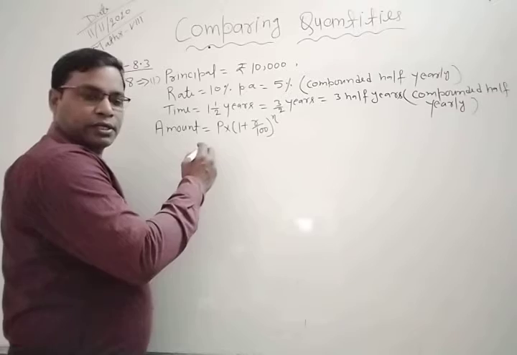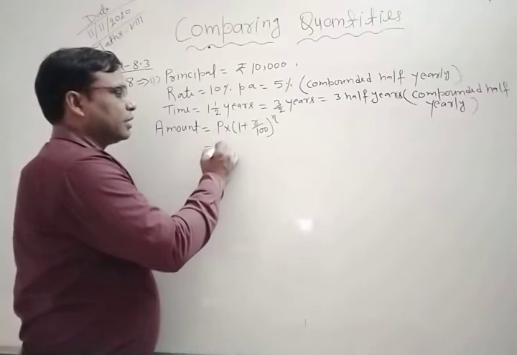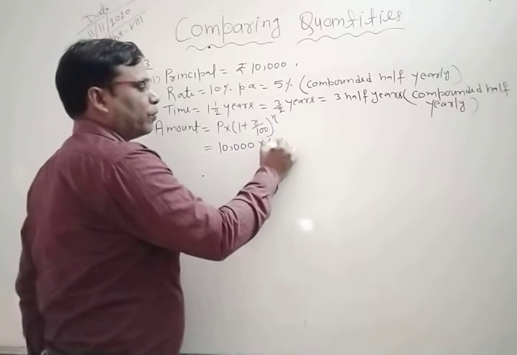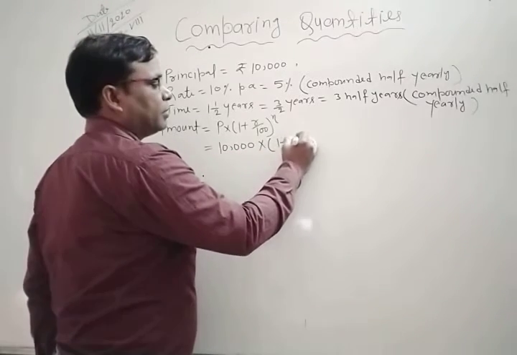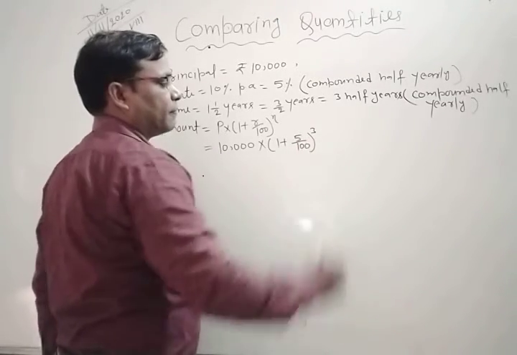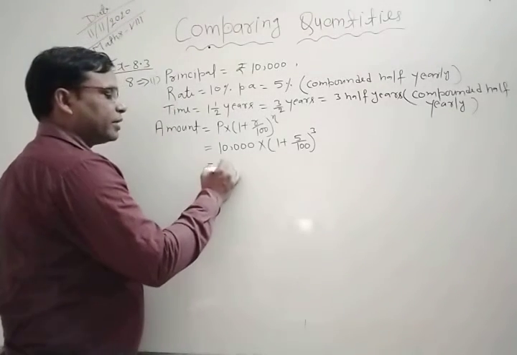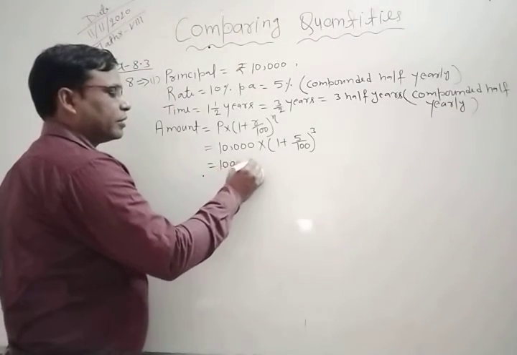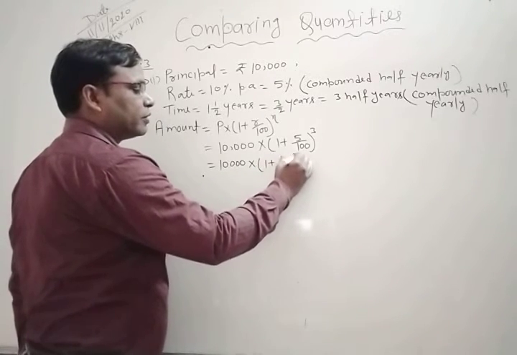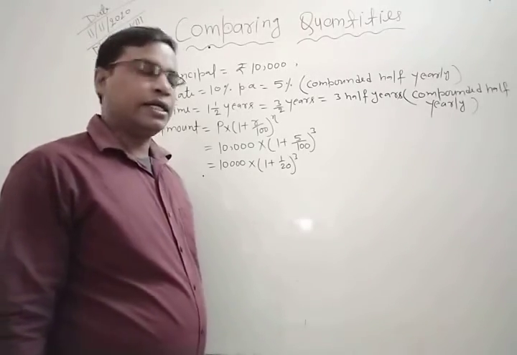So this is equal to what? This is equal to, principal is given here 10,000 rupees into (1 plus rate 5% by 100) to the power 3. n is 3. So if you cancel this, then we obtain 10,000 into (1 plus 1 by 20) to the power 3. 5 1s are 5, 5 20s are 100.